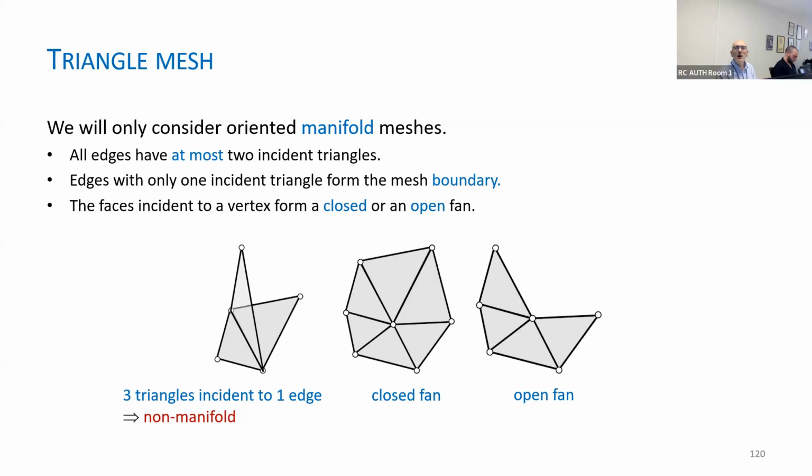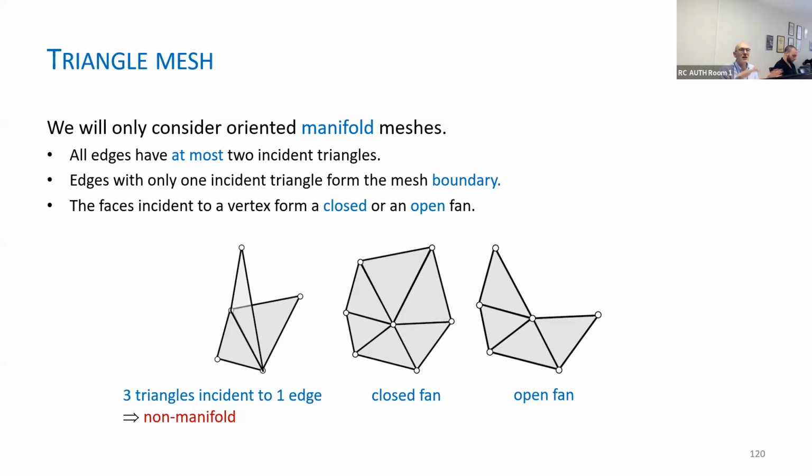You can also look at these properties like this: when you have a manifold, you have a curved surface, and you can transform it basically into something which is flat. It's a 2D surface. Instead, in the case of a non-manifold mesh, you have something that goes outside of the surface, so goes into a third dimension.